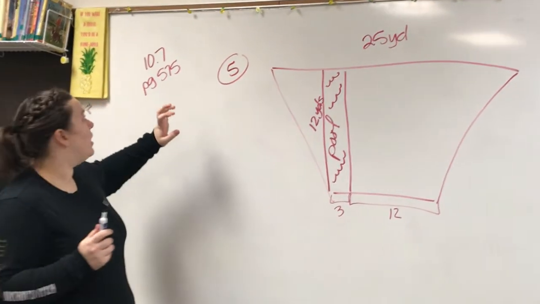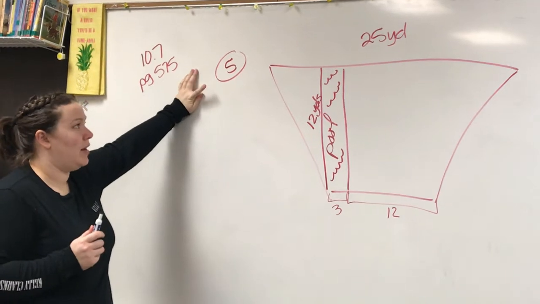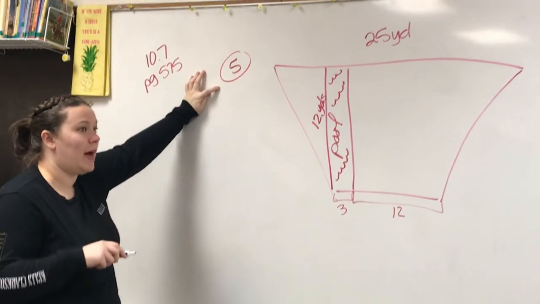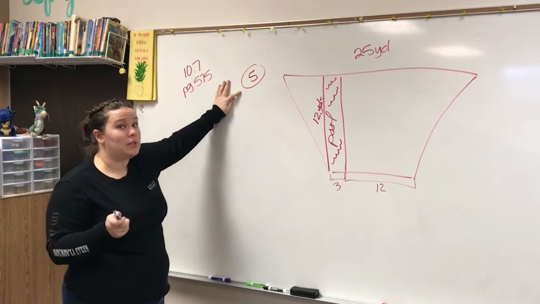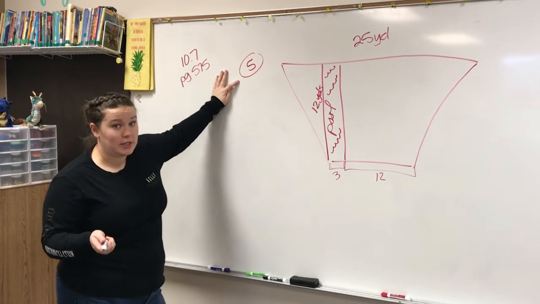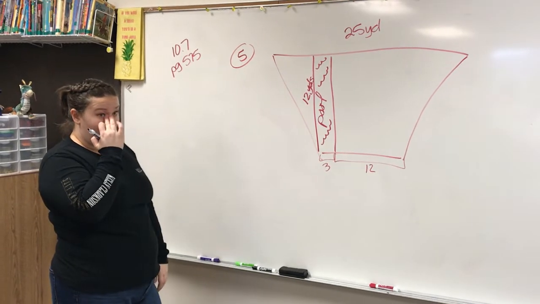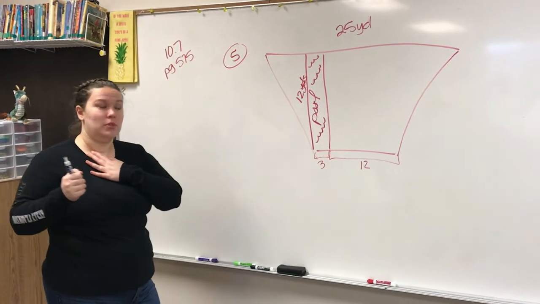All right, we are still on lesson 10.7. However, we've skipped to problem number 5. And problem number 5 is very applicable to what you're going to be doing in your worksheet. Okay? So, how I like to do these problems.